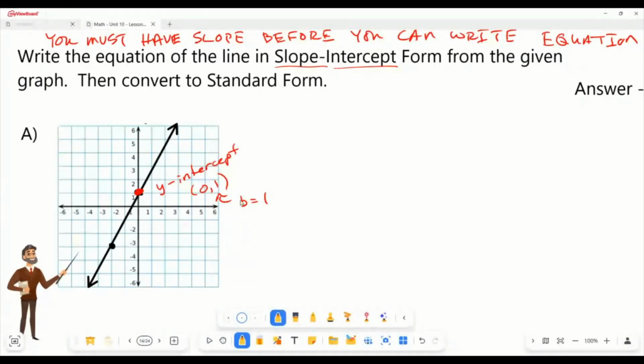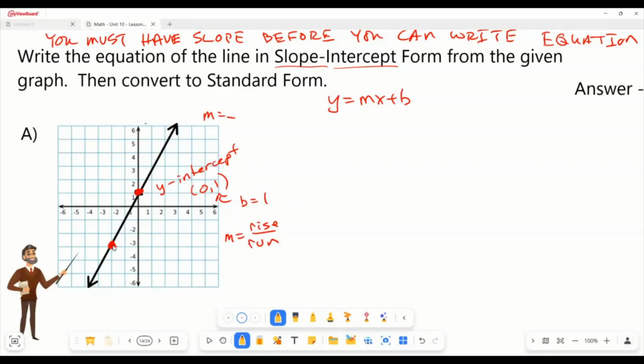Well, dagnabbit, if I had the slope, then I can go right straight to y equals mx plus b and put 1 in there and put the slope in there. Slope is rise over run. We did a ton of these back 2 weeks ago or so.